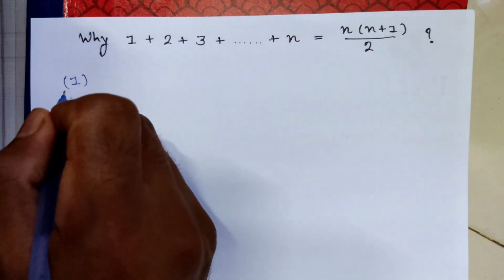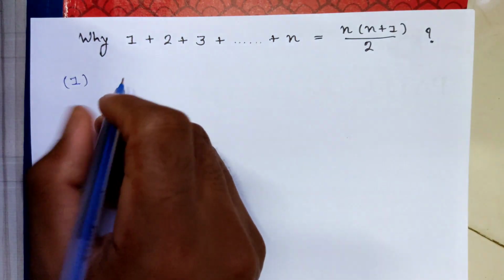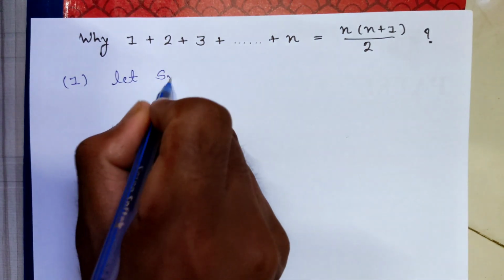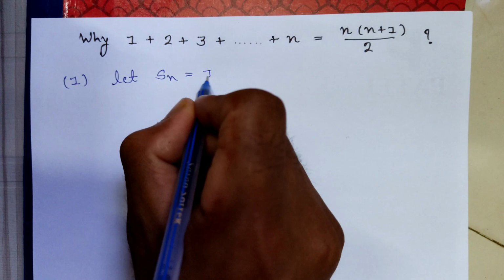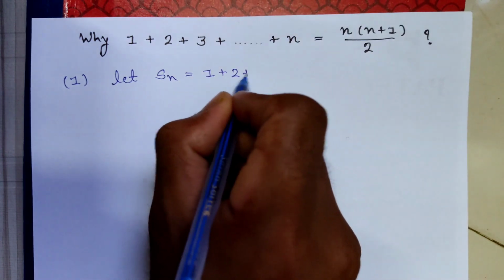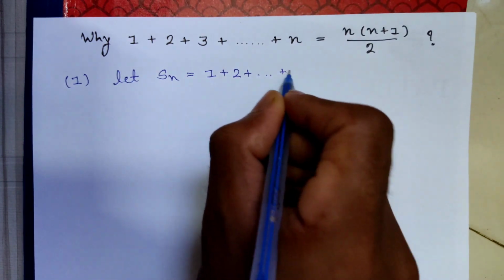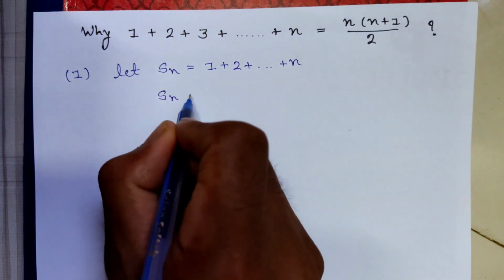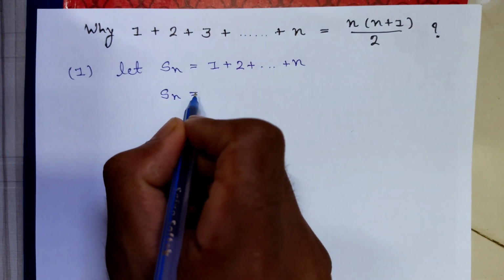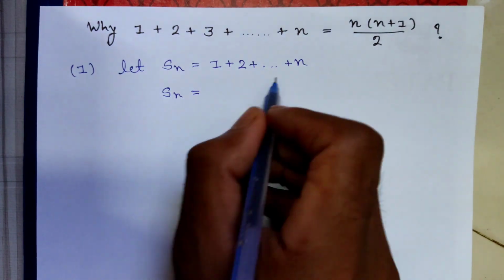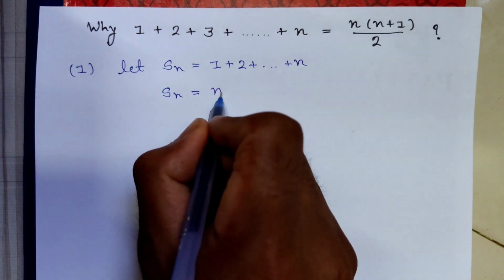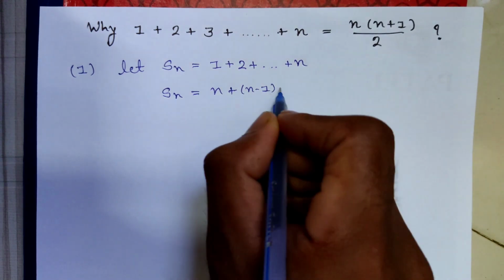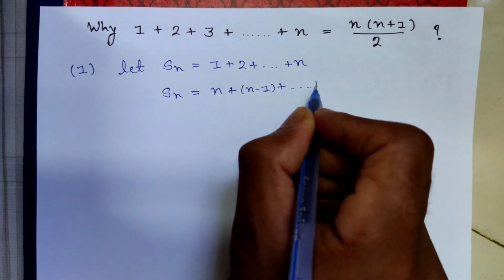The first way is a very popular way. Let Sn equal 1 plus 2 plus up to n, and Sn is equal to, I am going to write this in the reverse order, n plus n minus 1 plus up to 1.